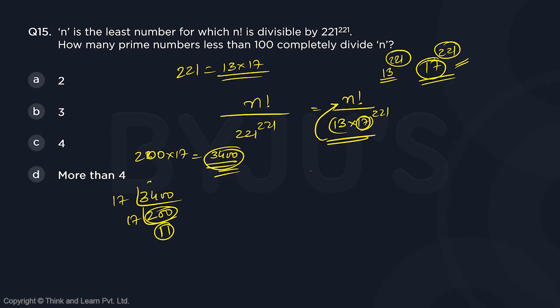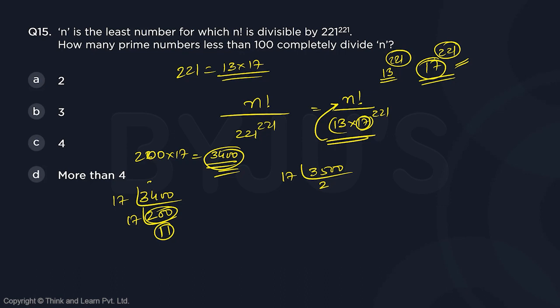So now let's check for 3500. How many 17s are there? 17 2s are 34, so 100, and then 200.